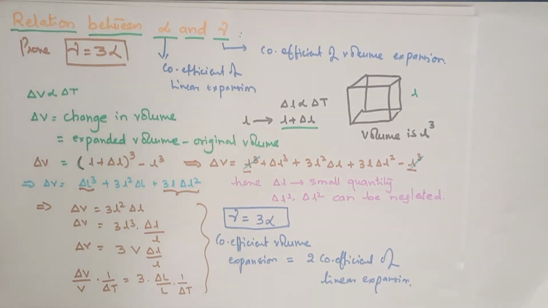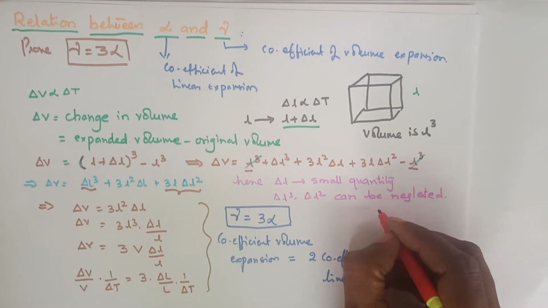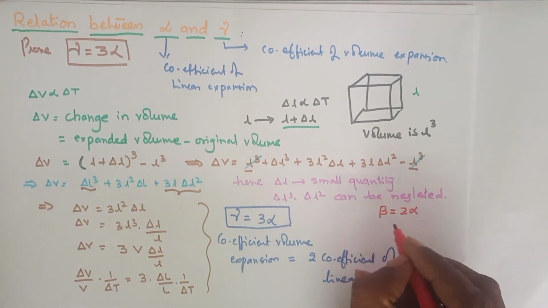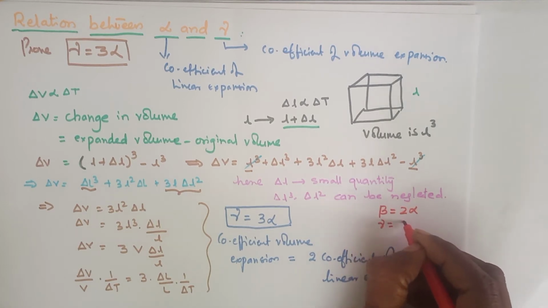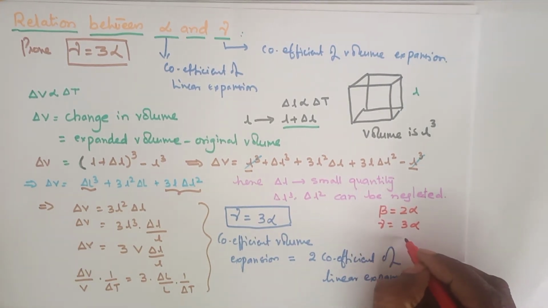On the other hand, we can also write like this. What is beta? Beta is equal to 2 alpha. What is gamma? 3 alpha. What is the ratio?